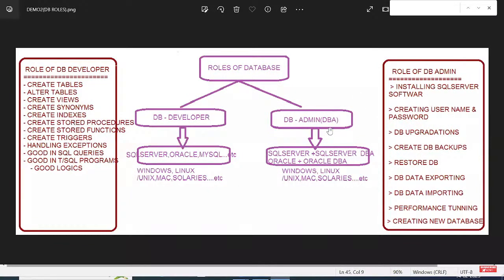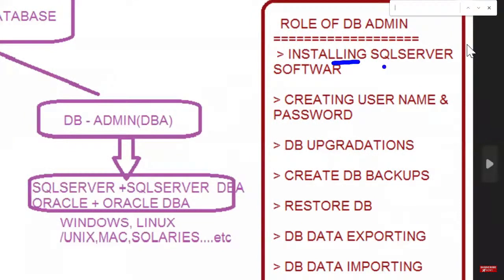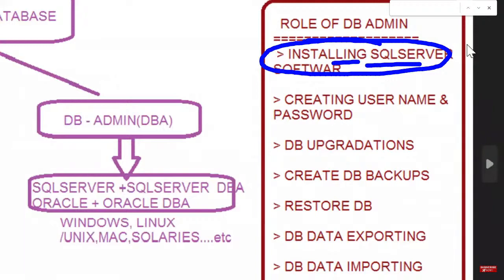But if you are on the admin side, we call them maintenance people. What these people do: the installation of software like SQL Server and Oracle, whatever it is, the software installation responsibilities they will take in the companies. If any problem comes, they will take over that. Next, creating usernames and passwords, user accounts, security related things are also done by admins only.